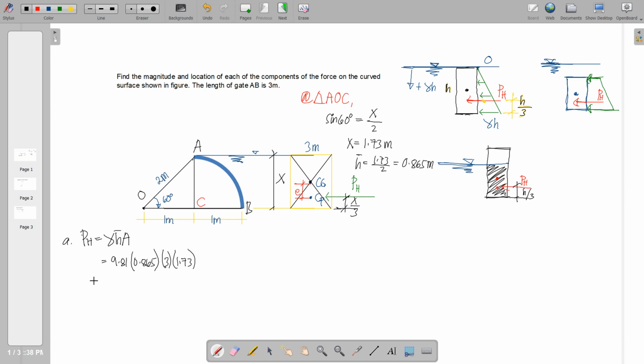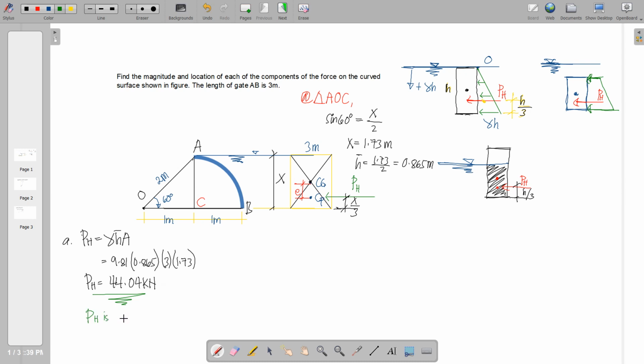So therefore, the horizontal component would yield to 44.04 kilonewtons.